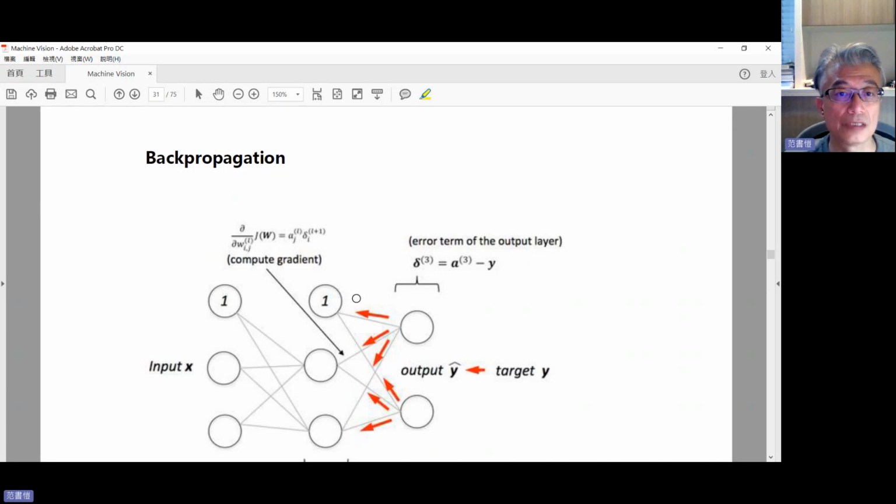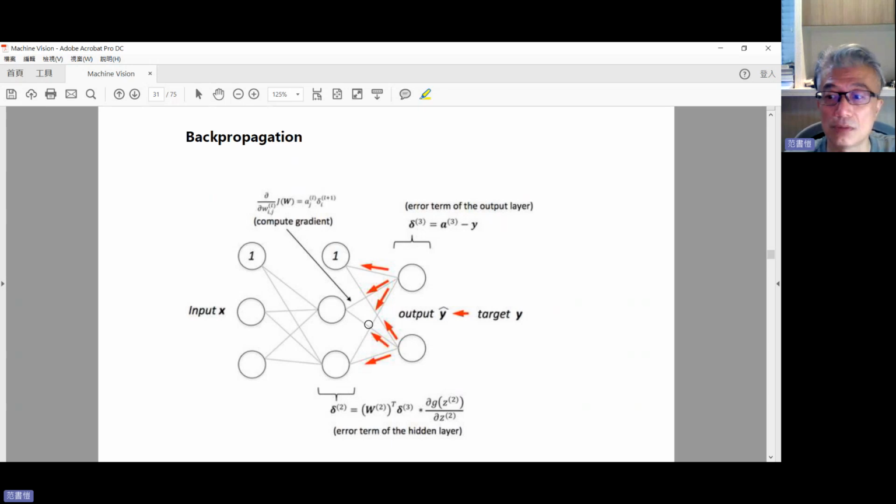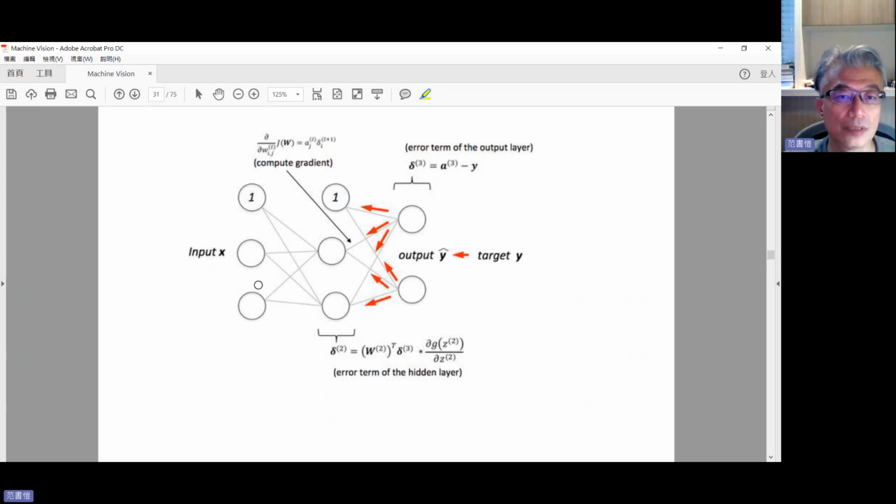Okay, backpropagation. Let me take this as an example. The input X could be 1, 2, 3, and there's a hidden layer.